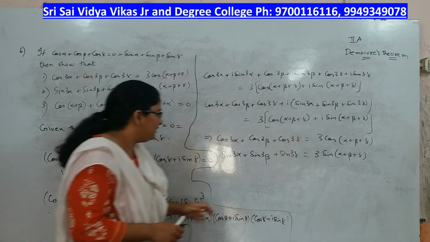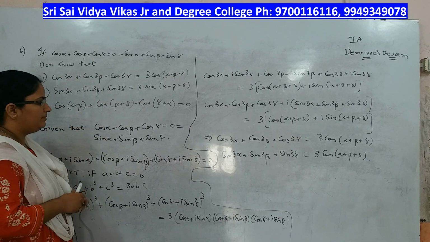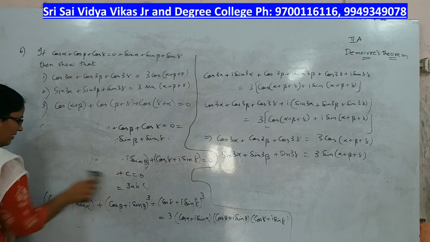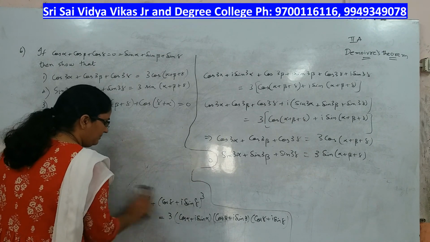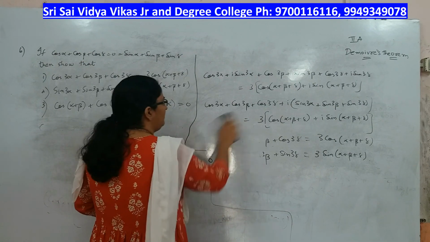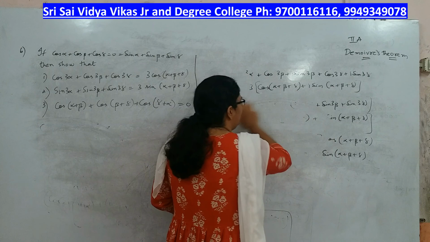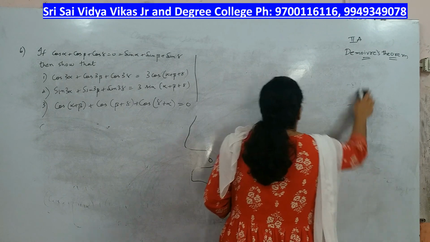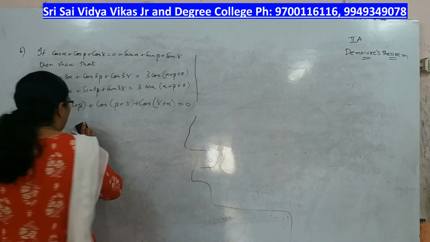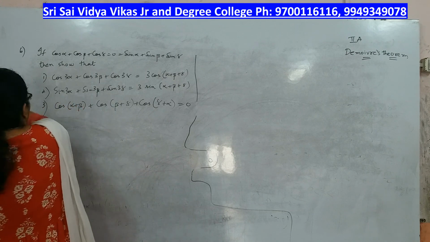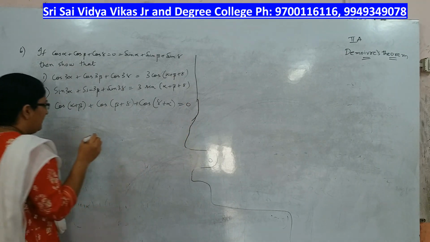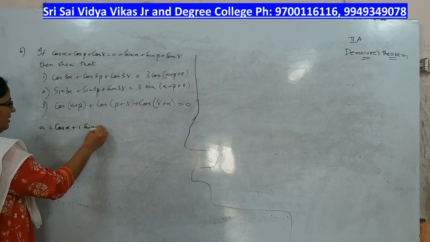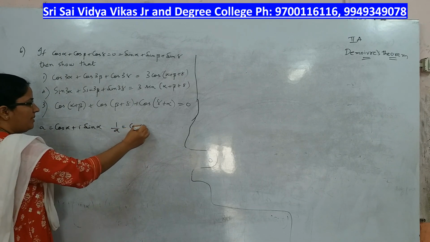We have to prove the third part. In order to prove the third part, you have to take A as cos α + i sin α. 1/A will be cos α minus i sin α.